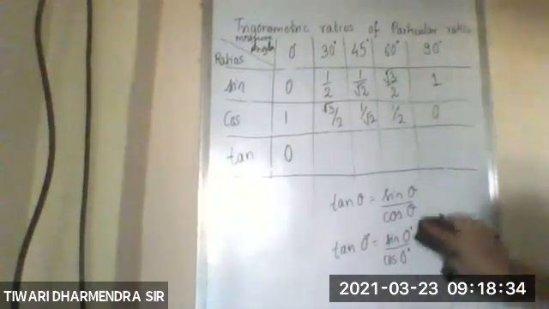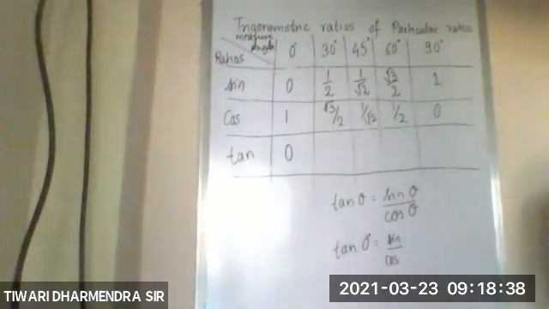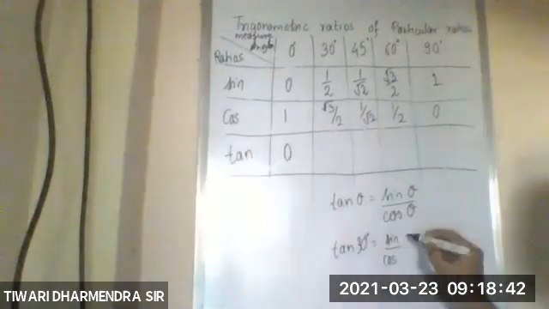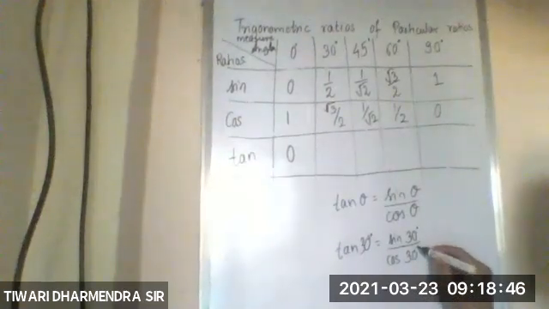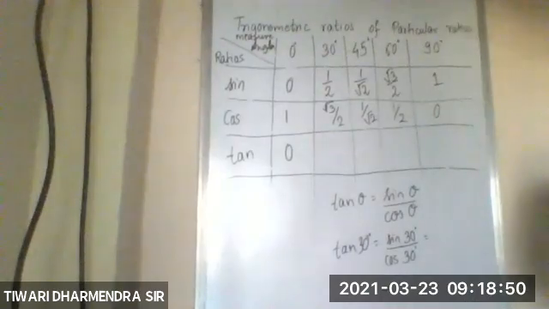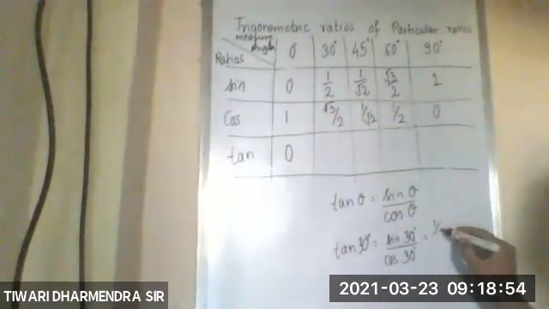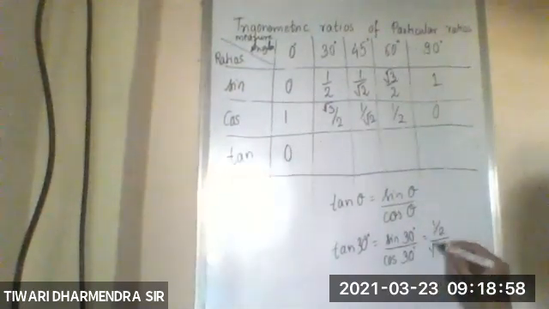Next, tan of 30 degree is sine of 30 degree divided by cos of 30 degree, which is equal to sine of 30 degree. What is the value? Half. Cos of 30 degree is root 3 by 2.